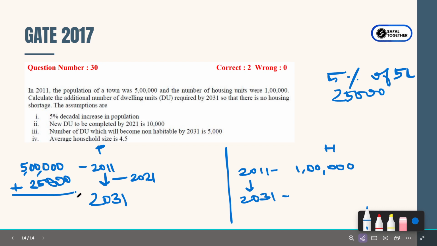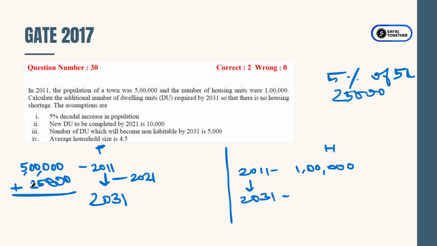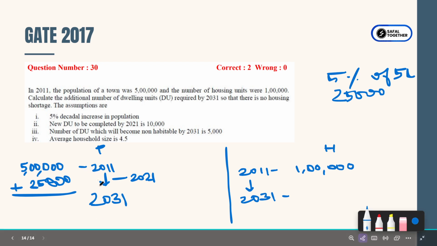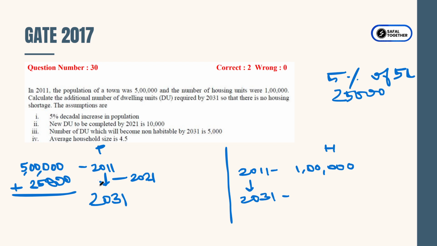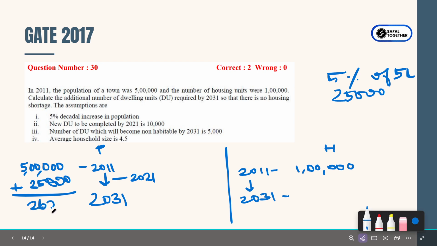Now for your 2031 population, you add 5% of 5 lakh 25,000. This is where people go wrong. They take the decades directly and multiply, getting 10% of 5 lakhs, and say 5 lakh 50,000. But that's not how it's done. 5% of 5 lakh 25,000 is 26,250, which is what you should add for 2031.